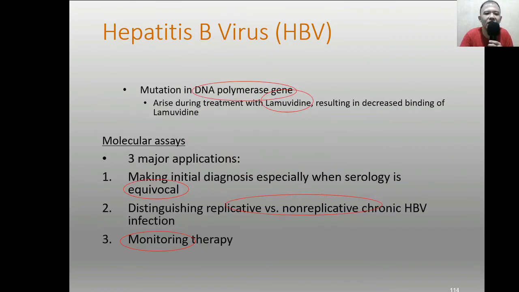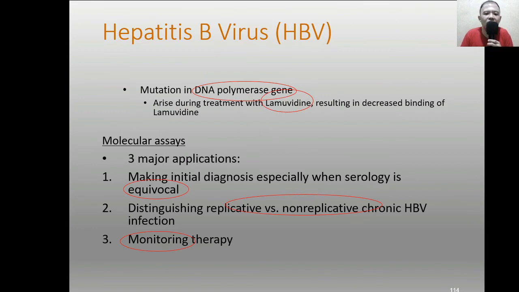This is the reason why, because of mutation. And next is again mutation. This is lamivudine resulting in decreased binding of lamivudine. Lamivudine is one very common antiviral for hepatitis B.